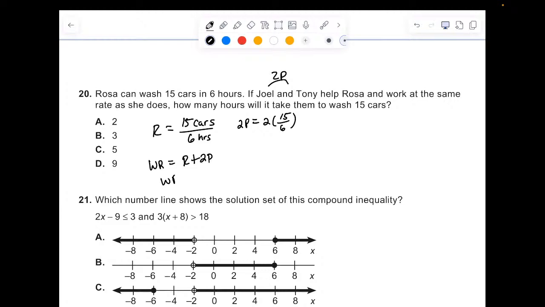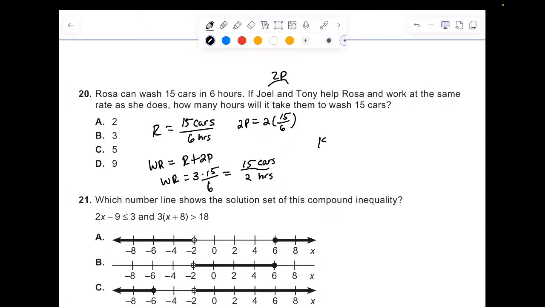So the work rate is going to be equal to 3 times 15 over 6, which is equal to 15 over 2. That is cars for every 2 hours.